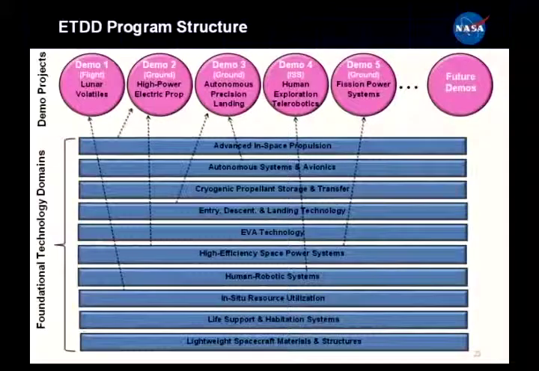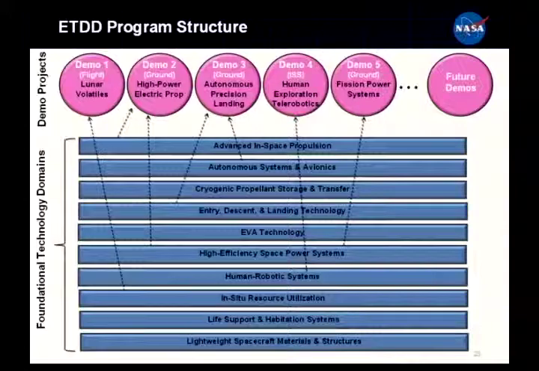Okay, this is our proposed program structure. In the pink circles up at the top are our demonstration projects, and those have very specific objectives to demonstrate a key capability of exploration, and they typically last between 2 to 4 years.